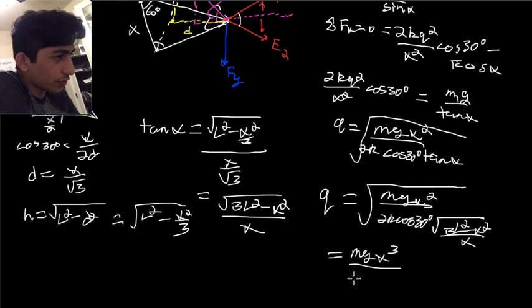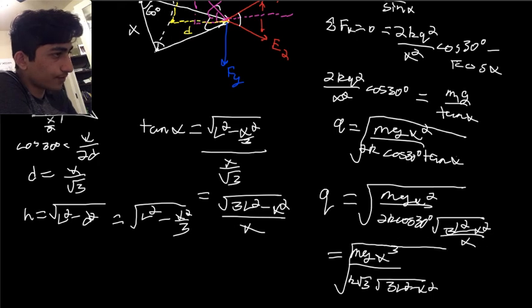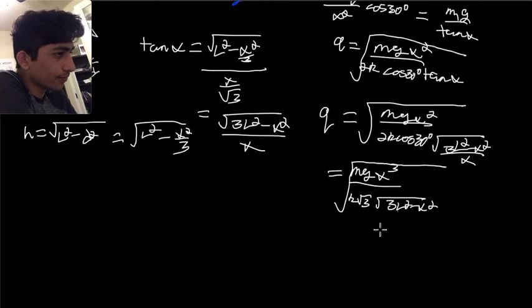So this is root 3 over 2, so you just get k root 3 times root 3L squared minus x squared, all square rooted.